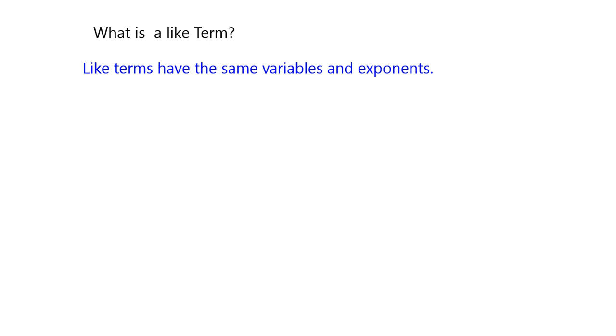I'm going to list a bunch of different terms that have a variety of exponents and variables, and we're going to determine which ones are alike, not necessarily the same.